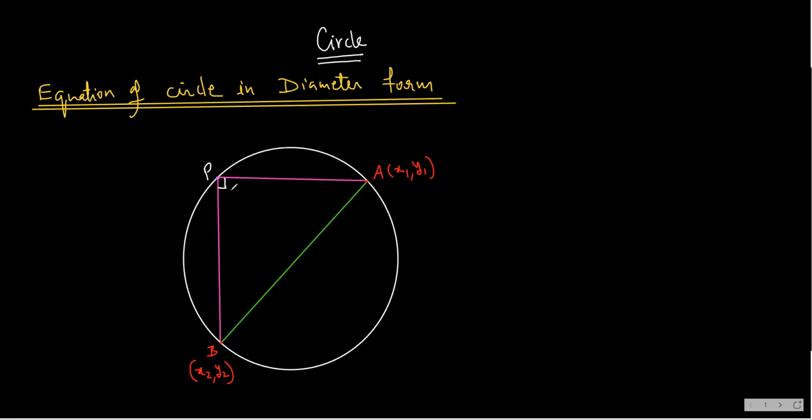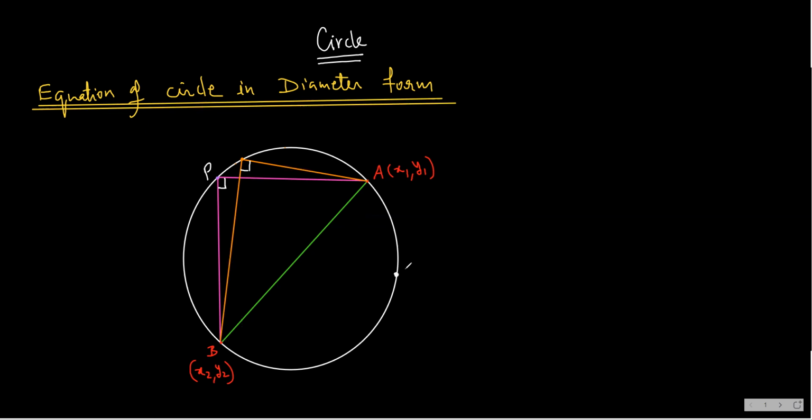Now see what is important, students, here. This point can be anywhere. That is to be understood. If we had it here, then AB would subtend 90 degree at this point. So it is important that point P can be anywhere.